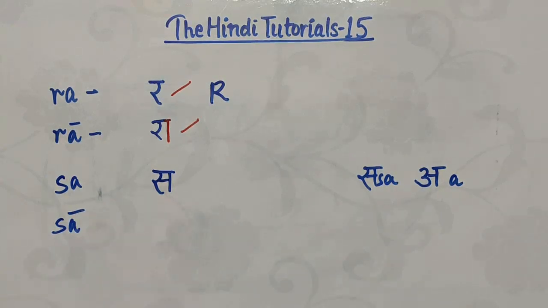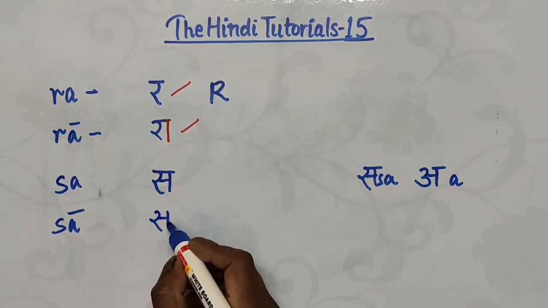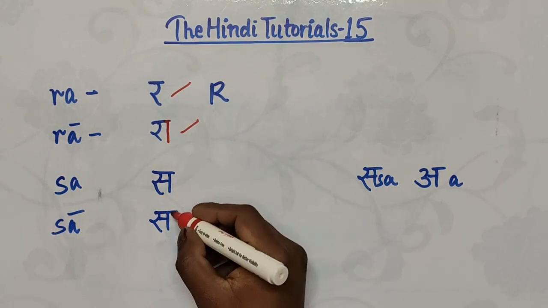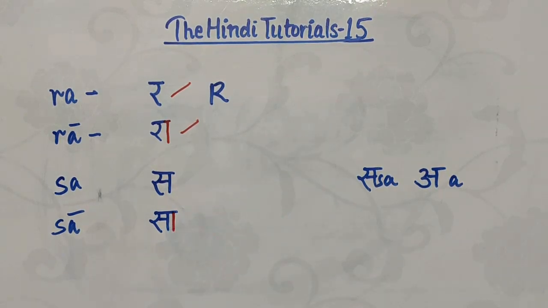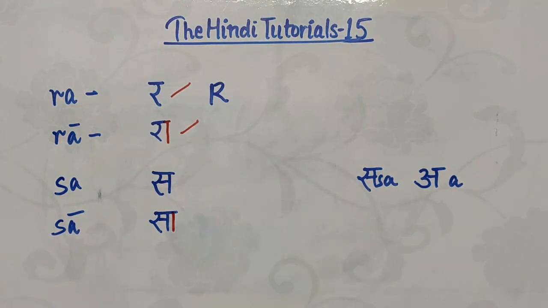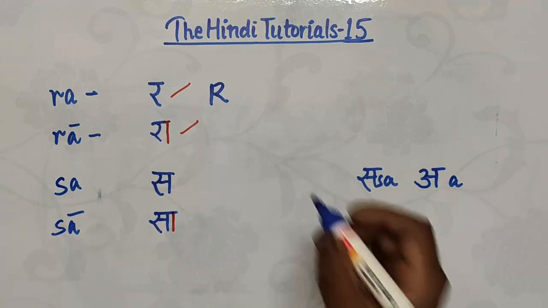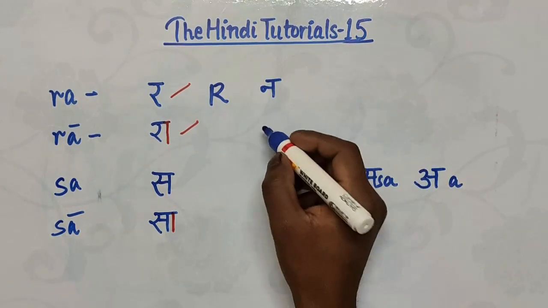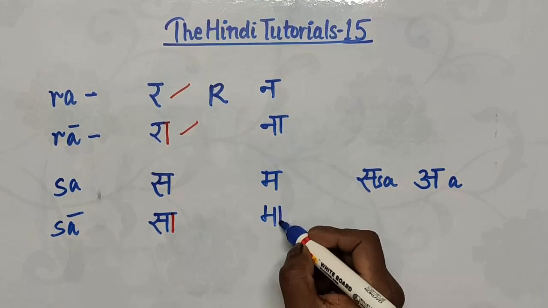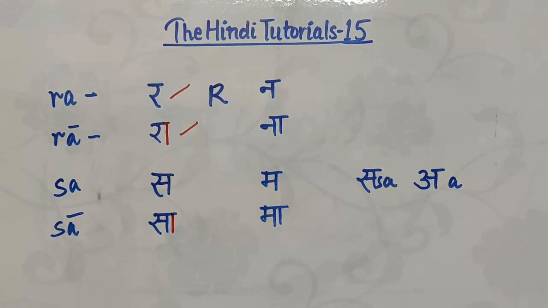To write sa, I'll just add a similar vertical stroke. This is sa. Okay? R, ra, s, sa. We have already learned na, ma. Okay?